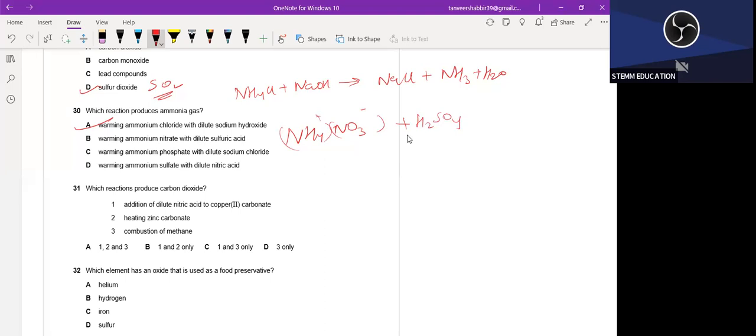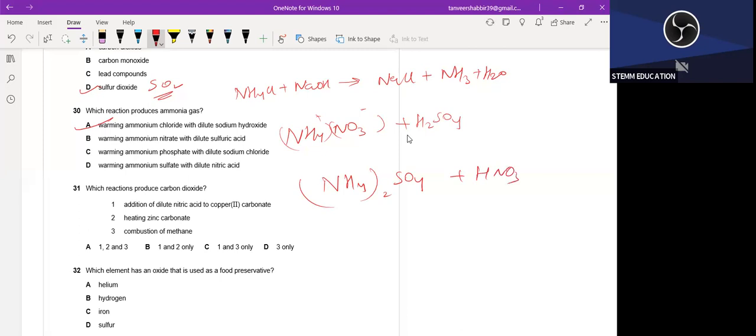So nitrate, sulfate, okay, ammonium sulfate plus nitric acid.